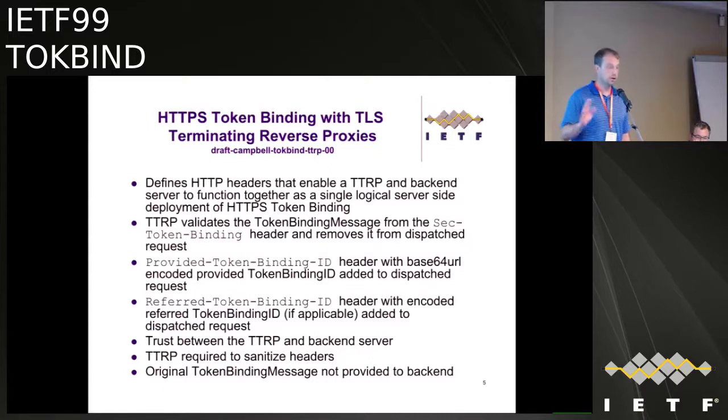Assuming it's all valid, it takes the provided token binding ID, base64 URL encodes it, and adds it as a new HTTP header, the provided token binding ID, to the dispatch request. If in fact there's a referred token binding there, it encodes that as well and adds it as referred token binding ID.